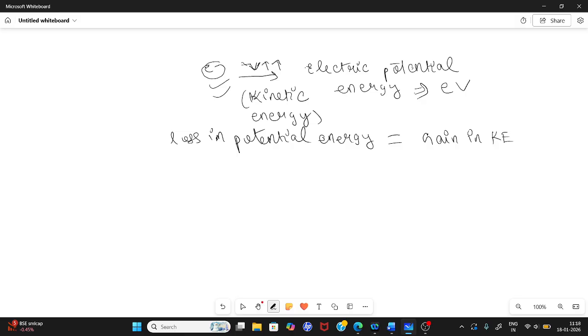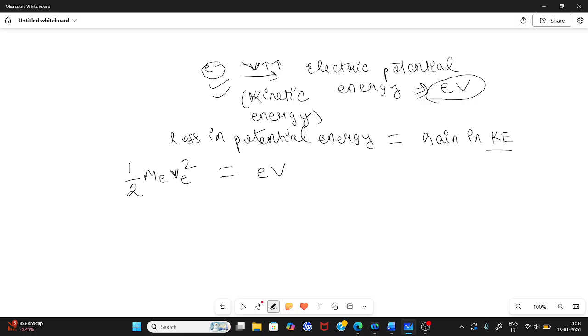We know the kinetic energy of the electron is half multiplied by the mass of the electron multiplied by the square of the velocity. This will be equal to the electric potential energy stored initially, e times V, the electronic charge multiplied by the voltage.